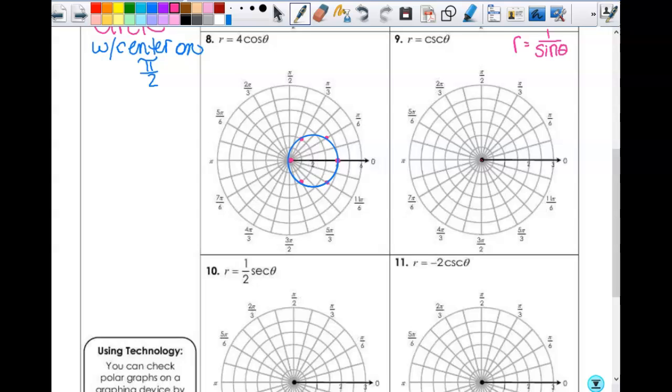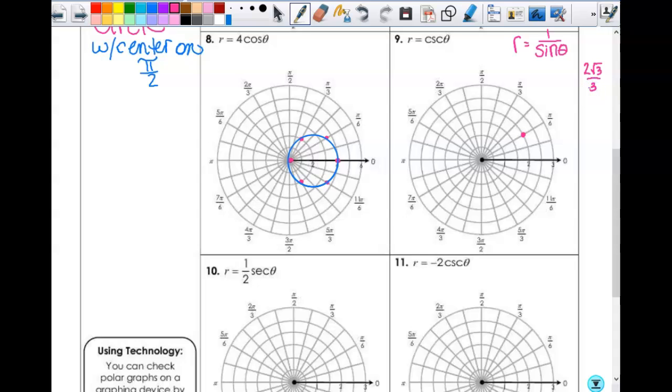All right, what is the sine of pi 6? 1/2. So what's the reciprocal of 1/2? 2. So I'm going to go to 2. What is the sine of pi thirds? Square root of 3 over 2. The reciprocal is 2 square root of 3 over 3.